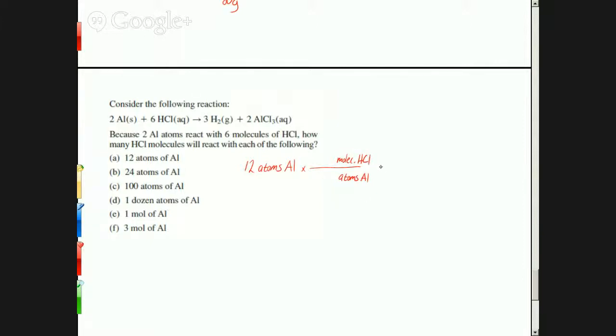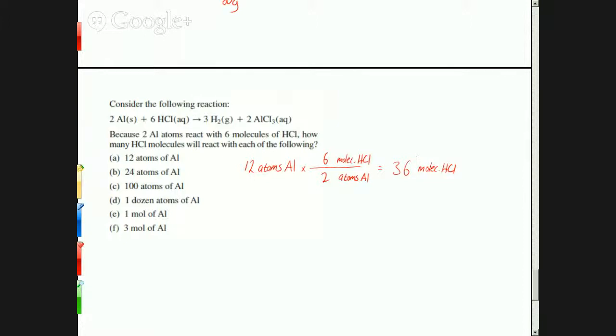Atoms of aluminum cancel, and we end up with molecules of HCl. But to find the numbers that go in there, we go back to the equation and we see, okay, we've got 2 atoms of aluminum for 6 molecules of HCl. So if our atoms of aluminum cancel, we end up with 36 molecules of HCl.